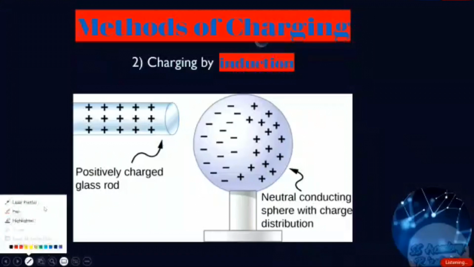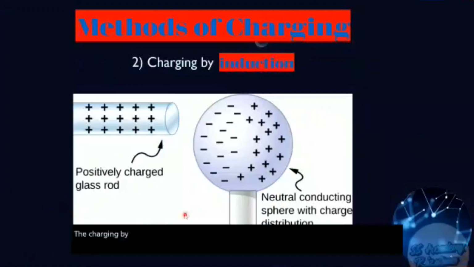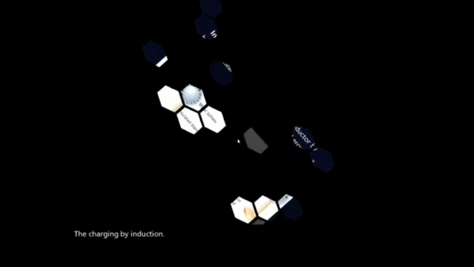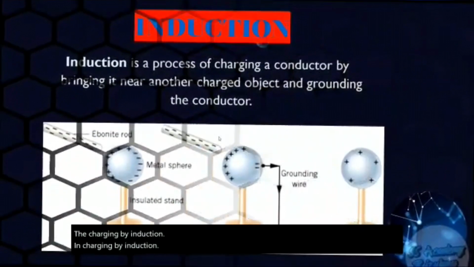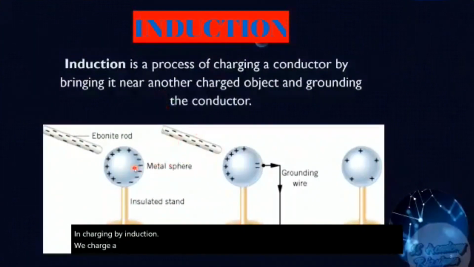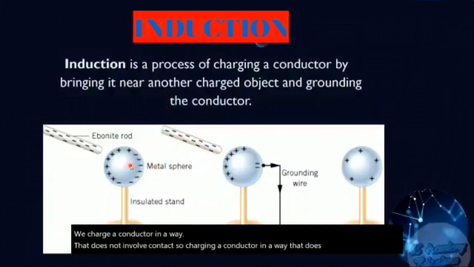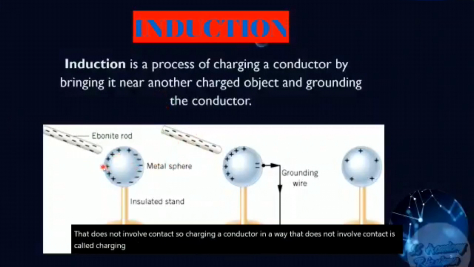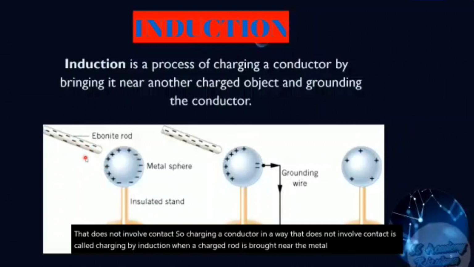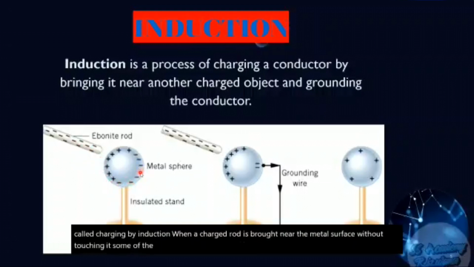Now charging by induction. In charging by induction, we charge a conductor in a way that does not involve contact. So, charging a conductor in a way that does not involve contact is called charging by induction. When a charged rod is brought near the metal surface without touching it, some of the positive and negative charges in the sphere are separated.